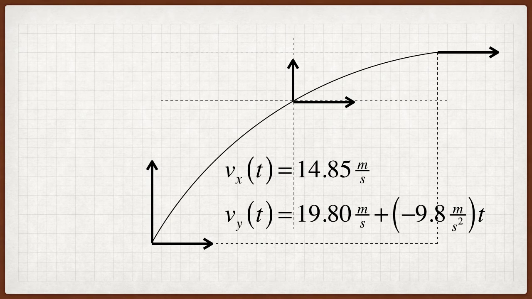This is gt, if you will. So this is Viy plus gt, and it is negative 9.8 meters per second squared times t. Ching! So now you can predict the velocity at any point you want, like this one up here.